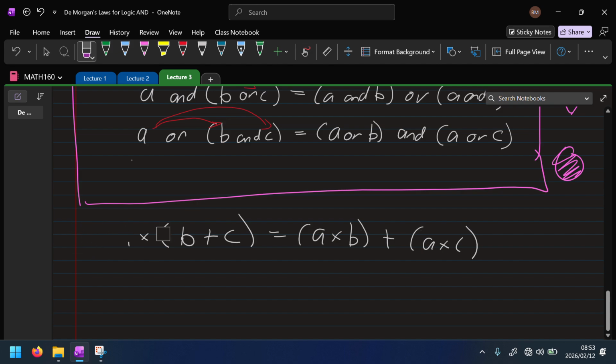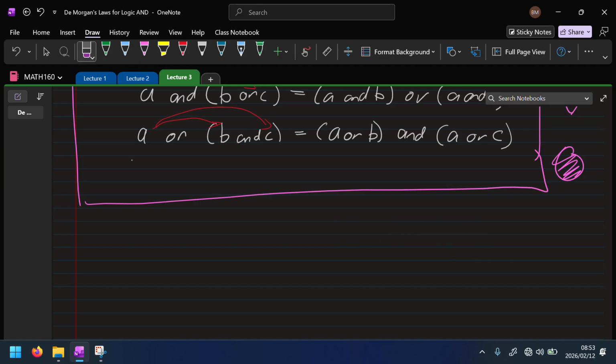Okay, and then together with the distribution laws are De Morgan's laws, which we looked at yesterday and proved just now.